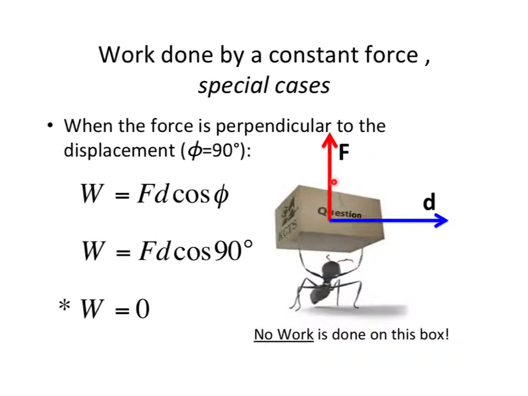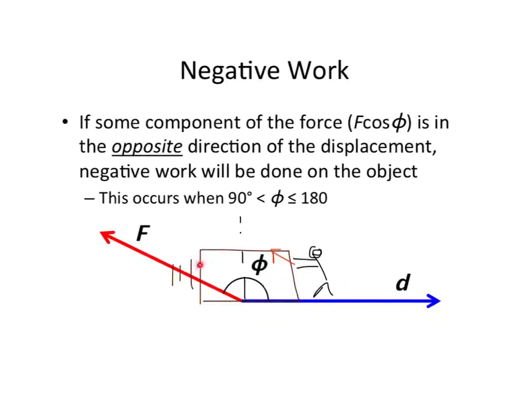But if you have an angle that is greater than 90, well, what is this angle right here? Let's just make up an angle. I'll do it in green. It's greater than 90, obviously, but it's less than 180. Let's say that it is 135 degrees, okay? What's the cosine of 135 degrees?